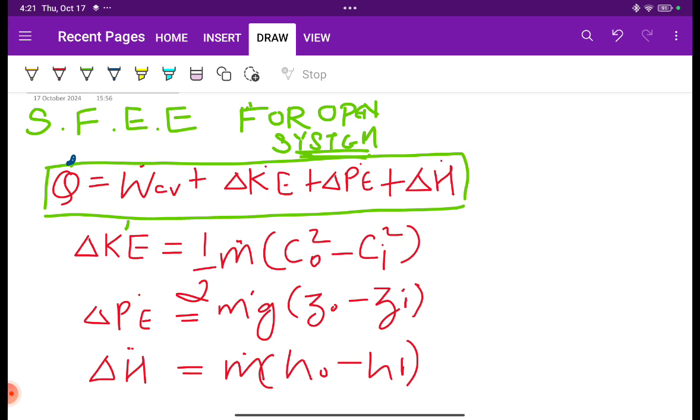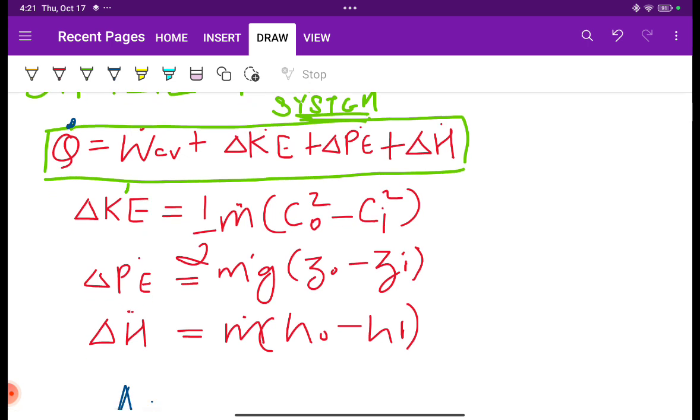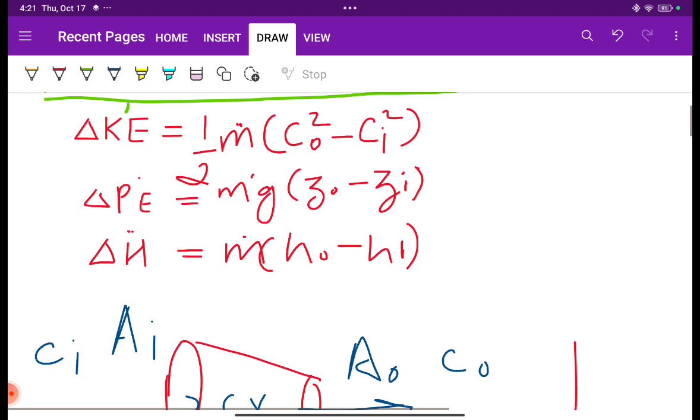So in the steady flow energy equation, the rate of heat interaction is equal to the rate of control volume work, plus kinetic energy change rate, plus potential energy change rate, plus enthalpy change rate. And when we divide it by the mass flow rate, m dot, the kinetic energy term becomes half (c naught square minus ci square), the potential energy term becomes g (z naught minus zi), and delta h becomes h naught minus hi.